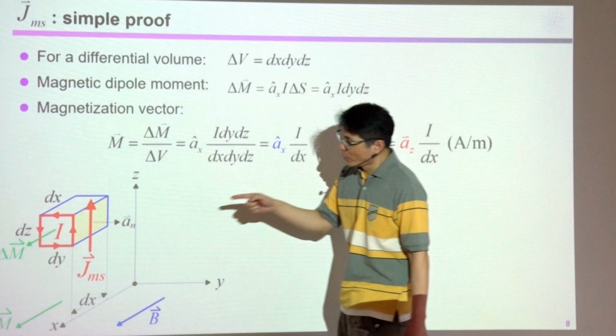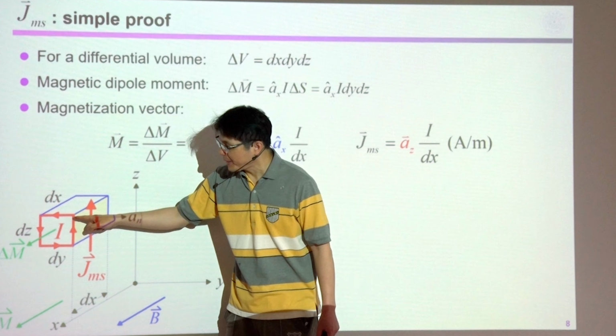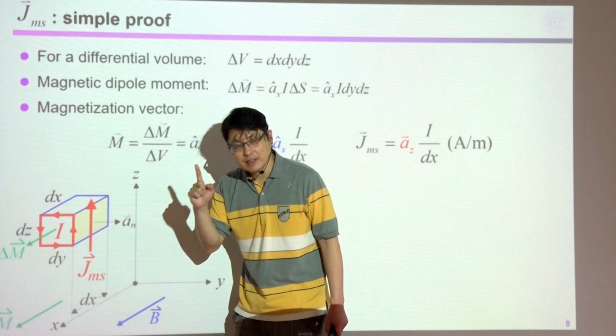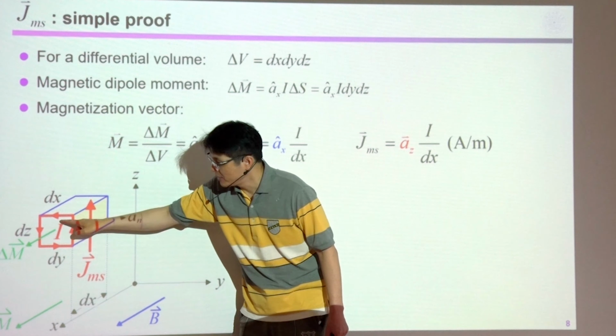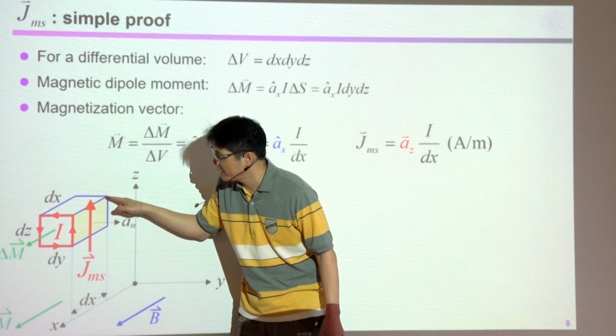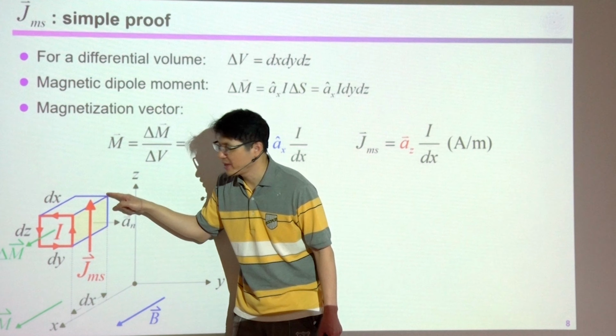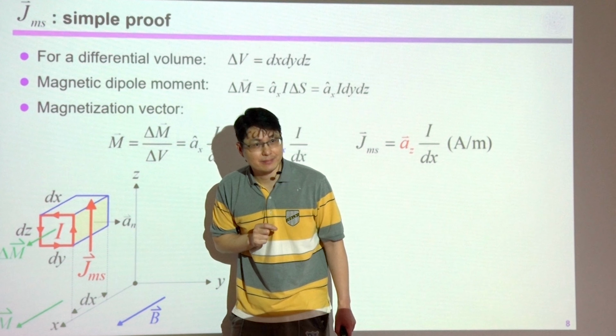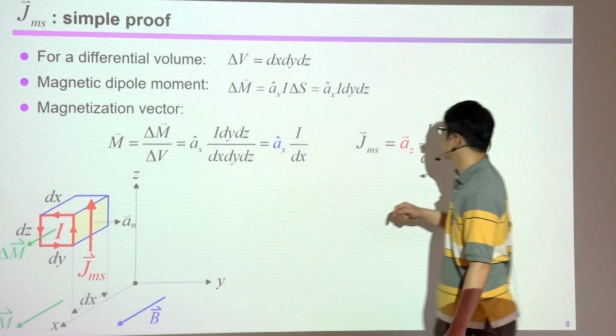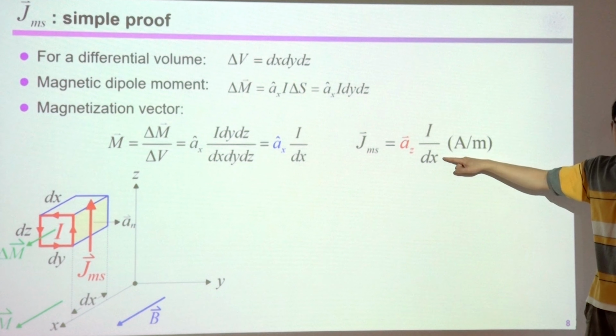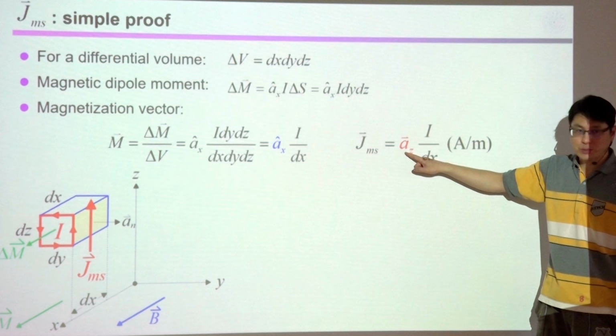So how do we formulate this one? Basically, the line current density is I divided by the length in the x direction, so this is I divided by dx, and in the z direction.